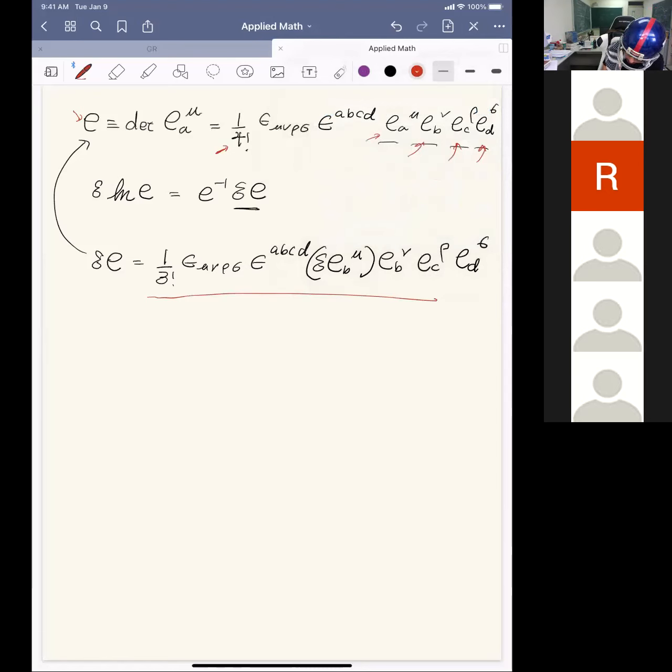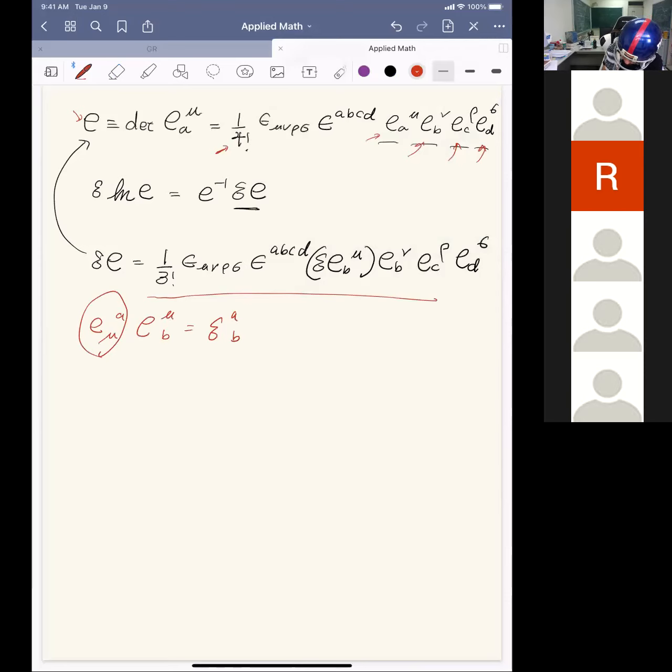Now if you look at this form, you note that the inverse, remember the inverse E_A^mu, is defined such that it contracts with E_mu^B to give delta_A^B. That's the definition of the inverse.